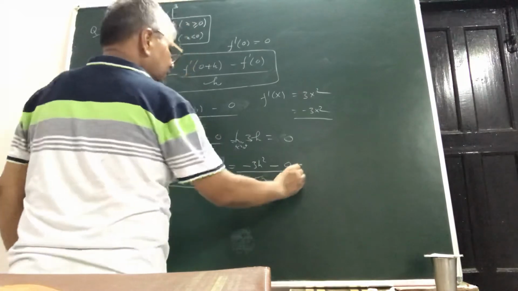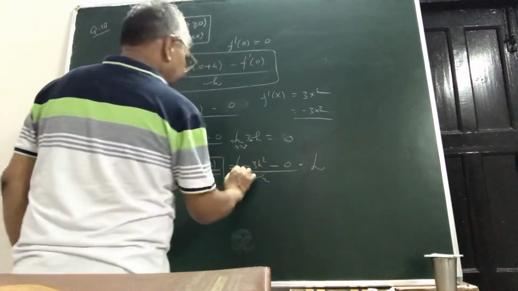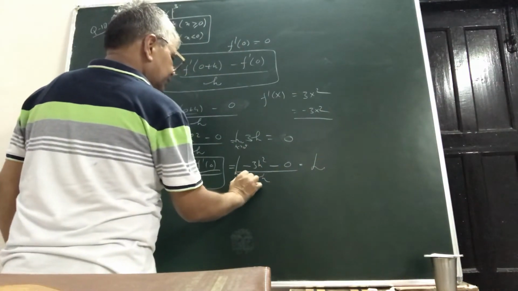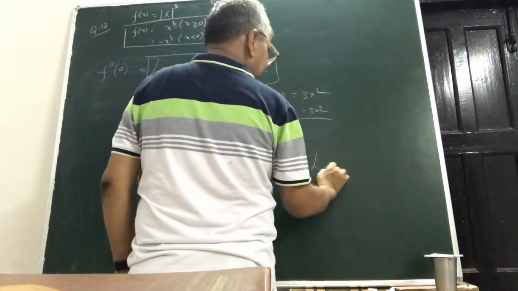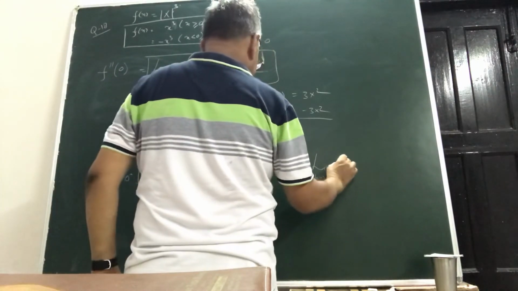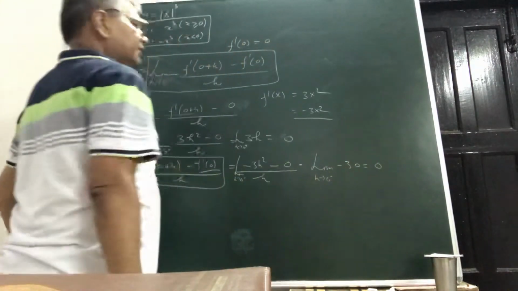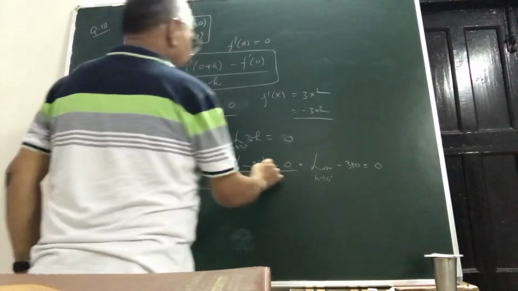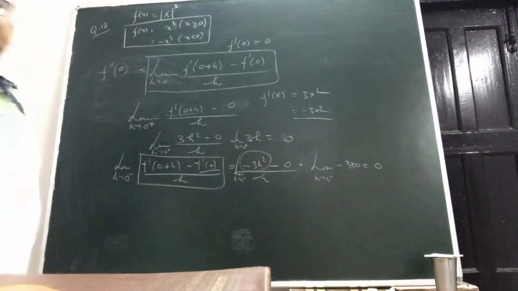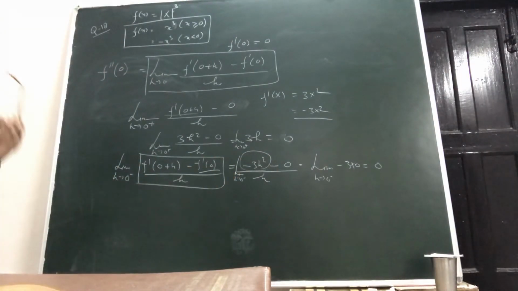So this is the limit as h tends to 0 minus of minus 3h, which is 3 into 0, so 0. Because this is a polynomial in h, and a polynomial is always a continuous function, you are justified.